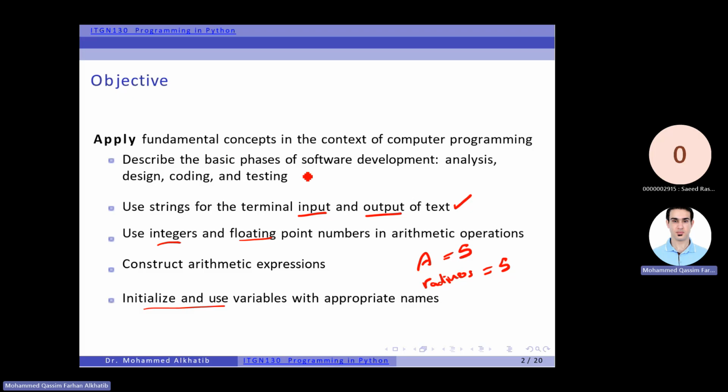For example, we know from last week's input command that I need to convert the input into a number, because the default type for inputs is string. So we said int, input, enter a value.